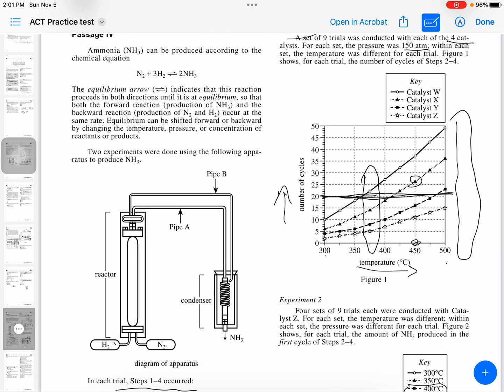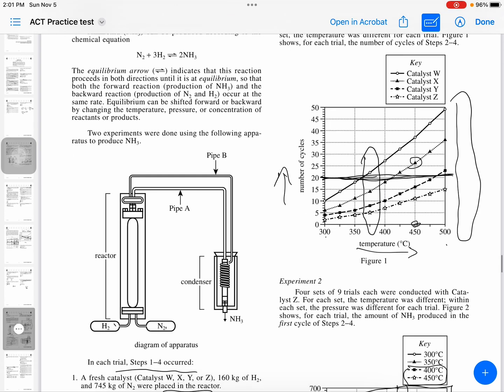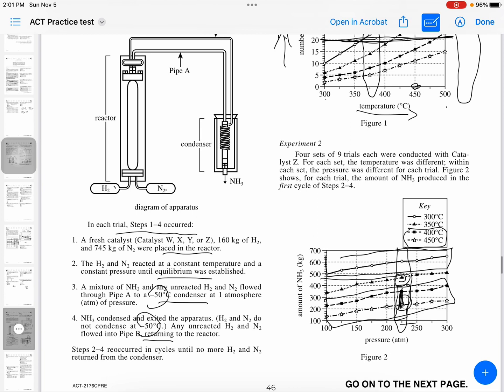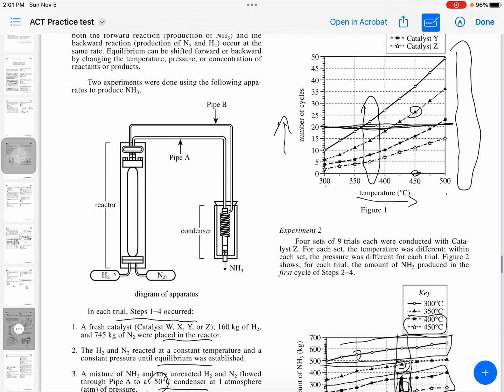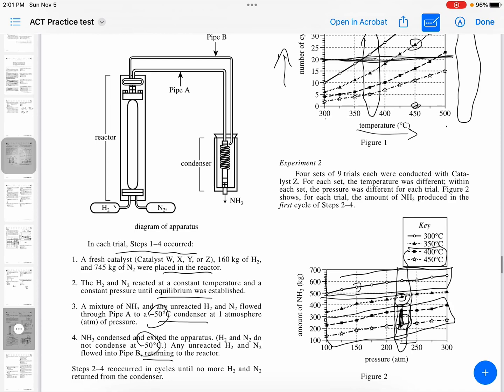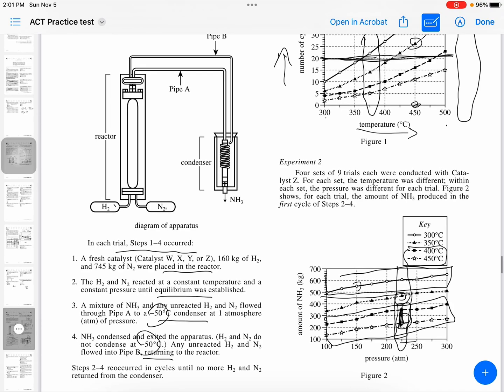At 550, it doesn't really tell us much of anything there. 550 kilograms is going to put us right here at 150 such and suches.